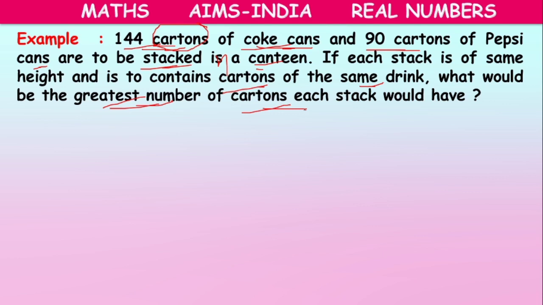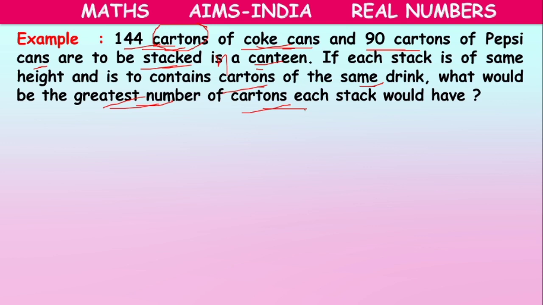It means we have Coke cans and we have Pepsi cans. We have to arrange them in such a way that each stack or each group will have the same number of Coke cans and the same number of Pepsi cans. Like that, one group is there. In the same way, we can have more groups.